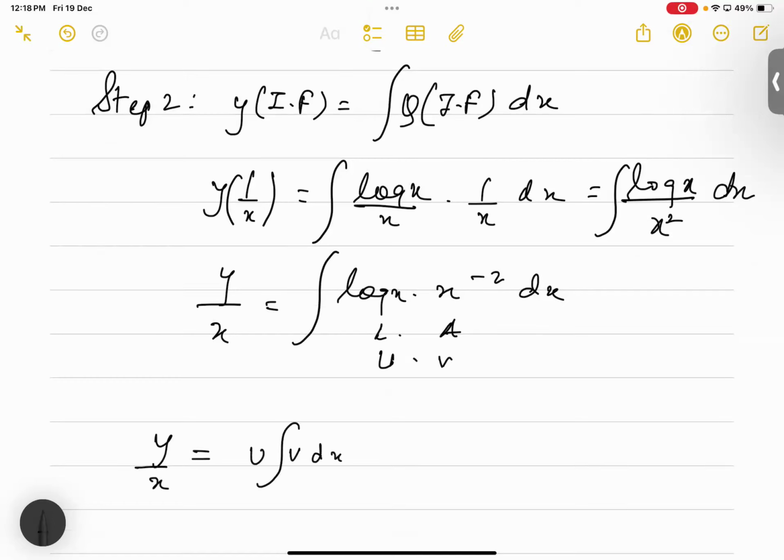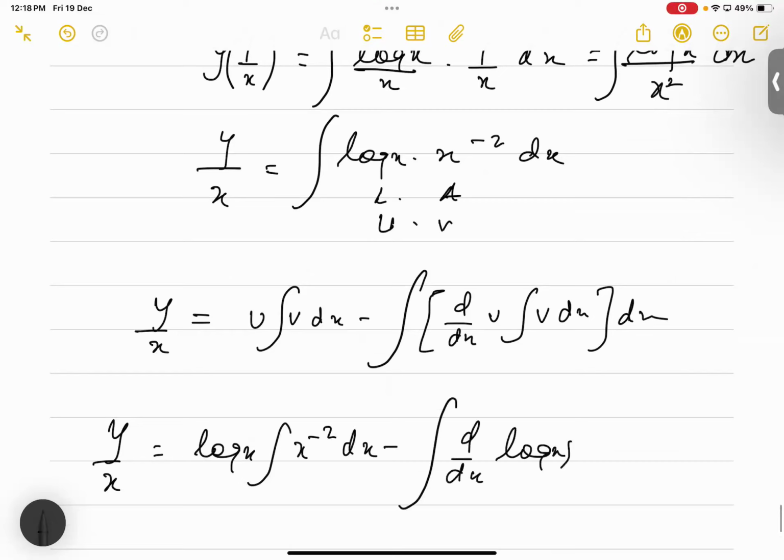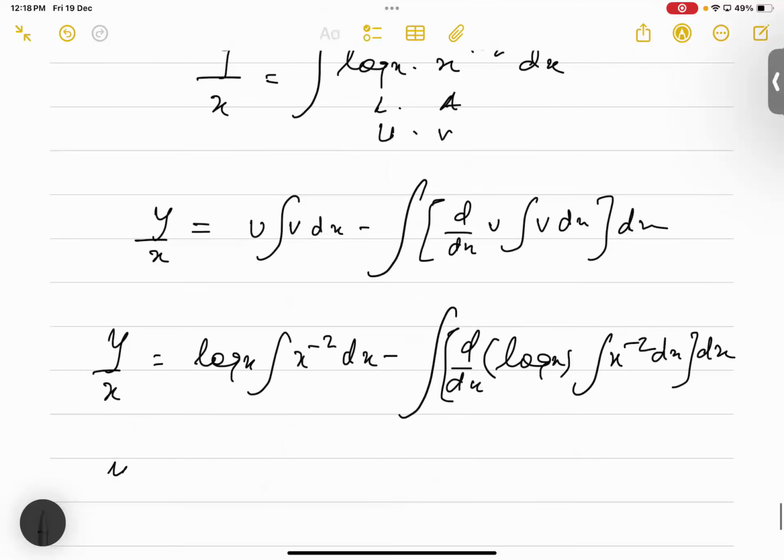So u integration v dx minus bigger integration dy dx of u integration v dx bracket close dx. What is u? Log x. X raised to -2. The only difficult part over here is indices. X raised to -2 dx bracket close dx.